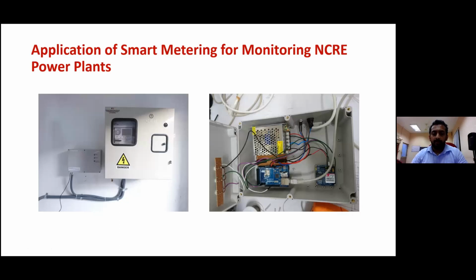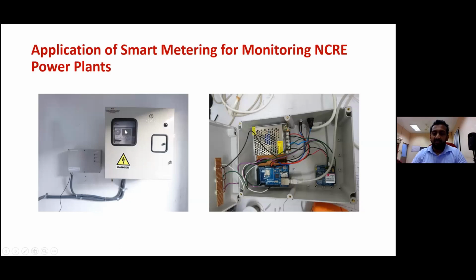And most of these plants are located in remote areas, and most of these plants do not have inbuilt SCADA systems. So the solution we came up with is to use the existing billing energy meters at these locations.